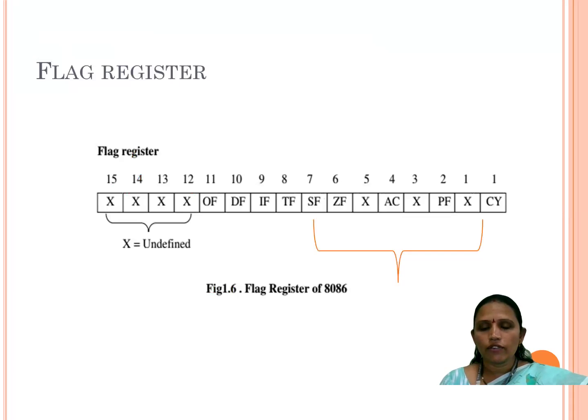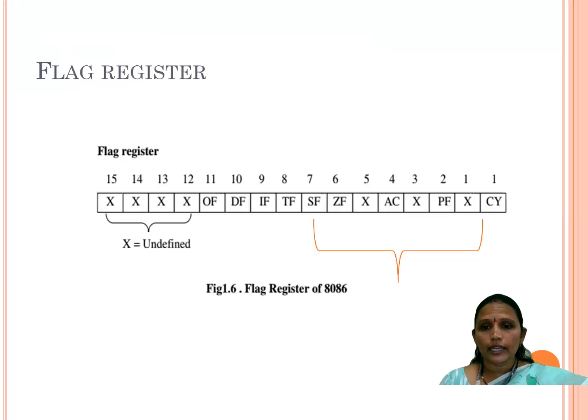Next, PF is the parity flag, AC is the auxiliary carry flag, ZF is the zero flag, SF is the sign flag, and OF is the overflow flag. These are all the conditional flags. And the control flags consist of 3 different types: DF, the direction flag, TF, the trap flag, and IF, the interrupt flag. So it consists of 6 conditional flags and 3 control flags in a 16-bit register.